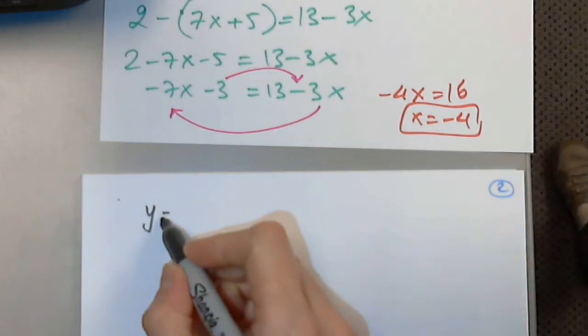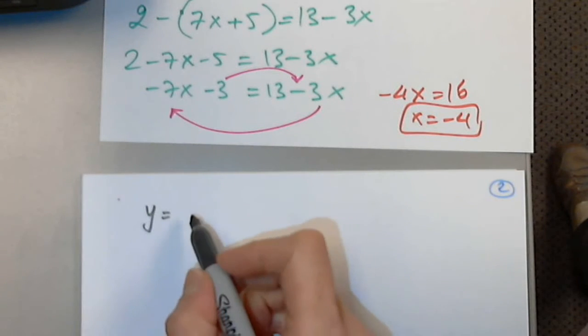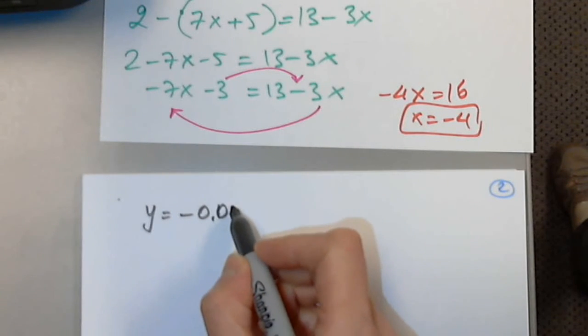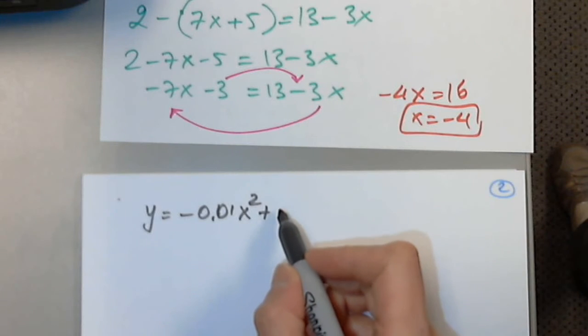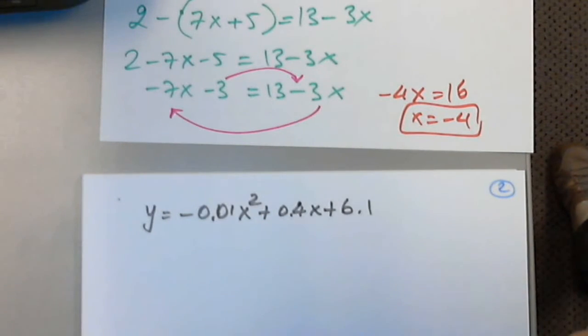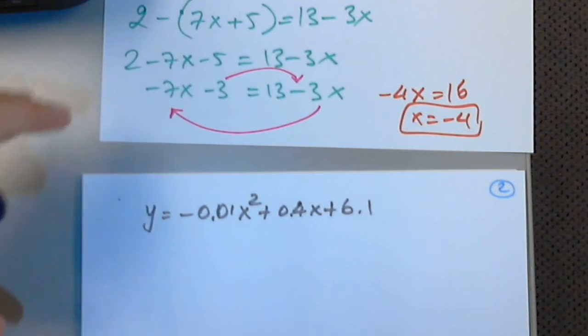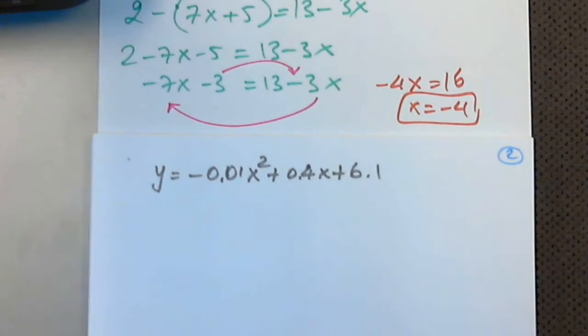Y equals negative 0.01 x squared plus 0.4 x plus 6.1. In order to determine this, this is a quadratic equation. I'm a little bit surprised that a question like that is in 1.5, but this is part of the prerequisite course.